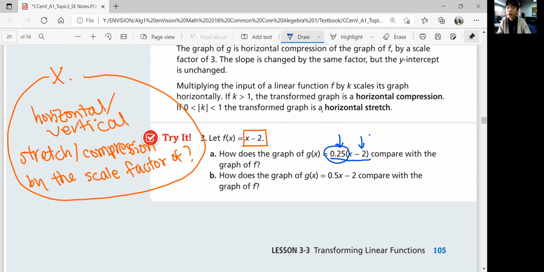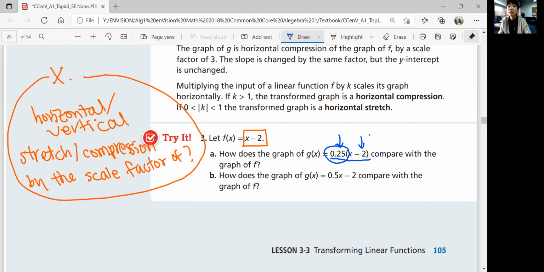It's the output, right? You multiply 0.25 for the whole function. So this is an output change, which means it's going to be a vertical dilation.